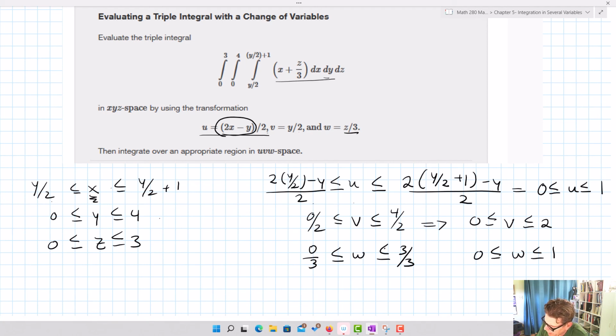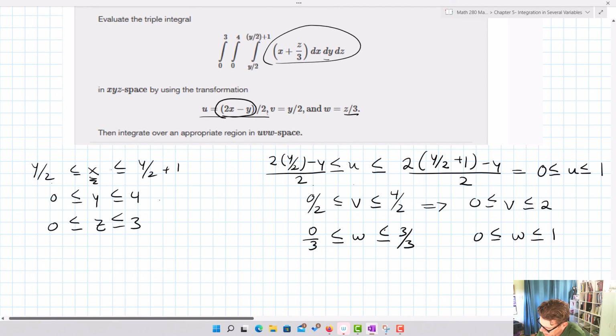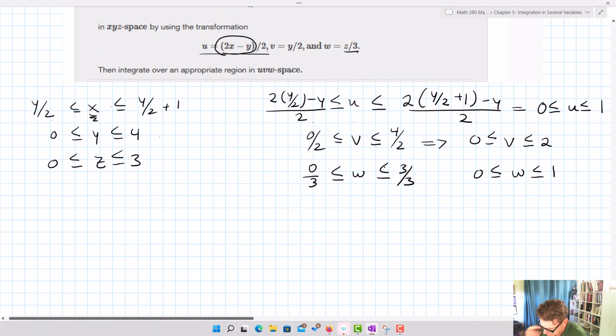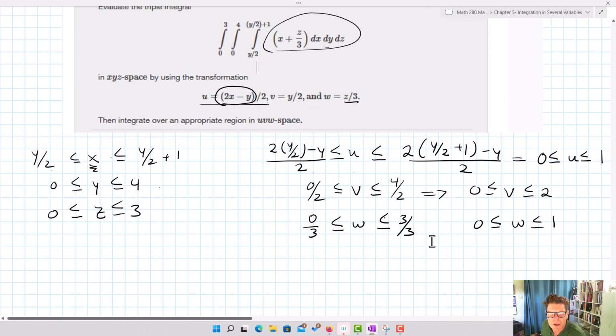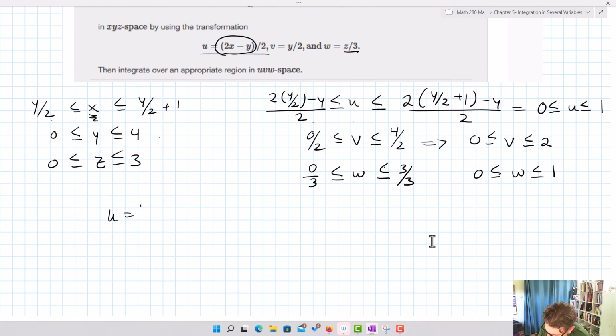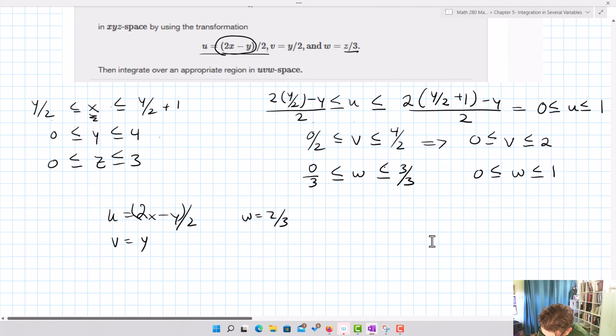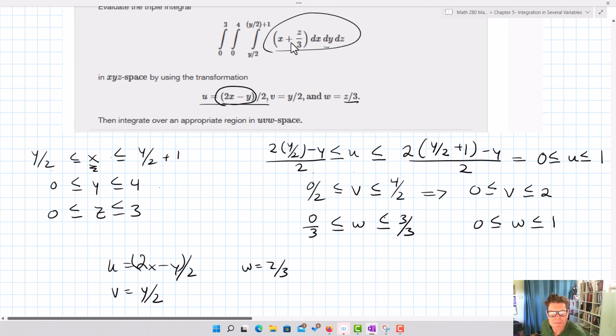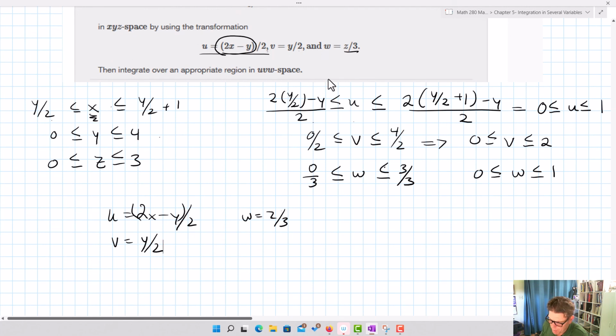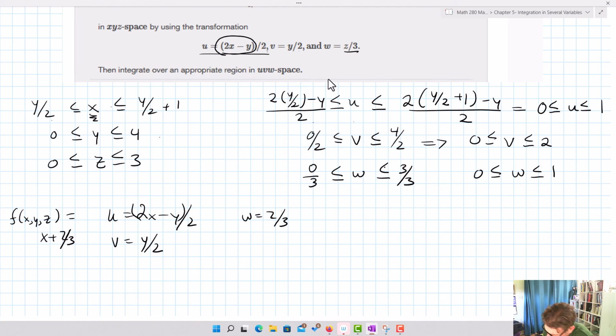Now we need to figure out what our function is going to be. Notice that u is equal to 2x minus y over 2, w equals z over 3, and v equals y over 2. If I rewrite this, my f of x, y, z equals x plus z over 3. I'm going to get kind of clever about the whole thing.